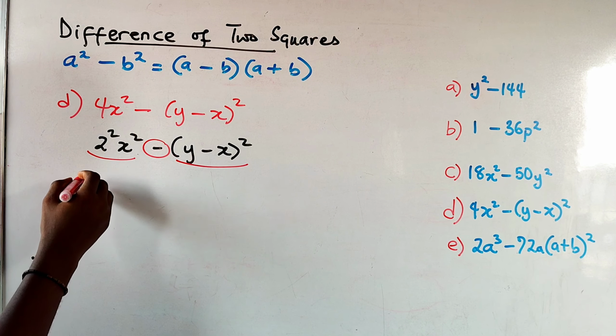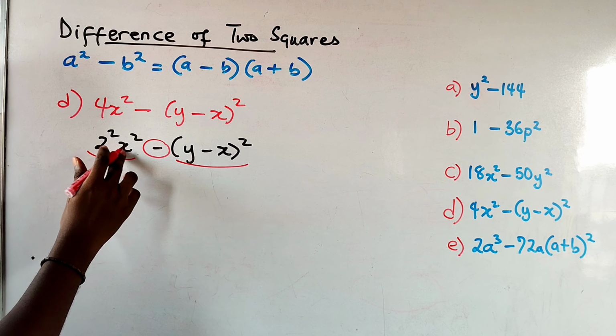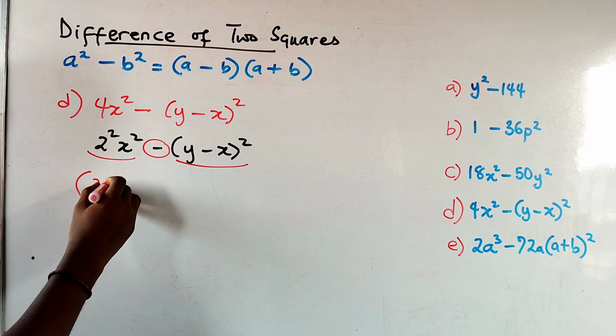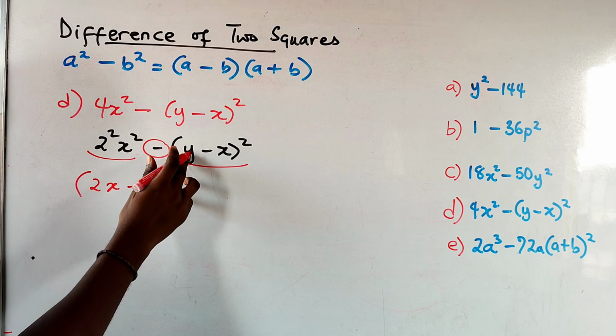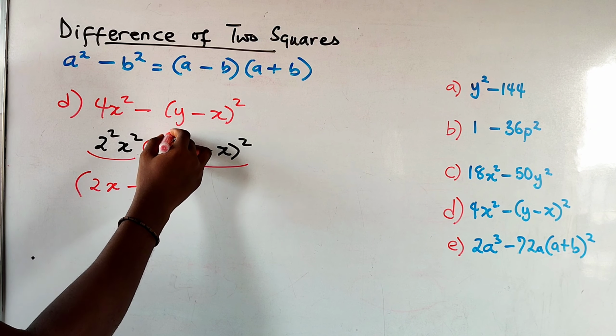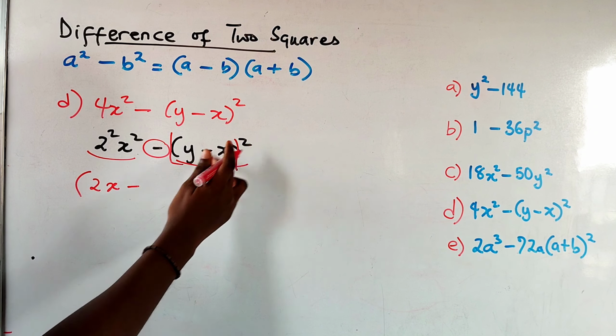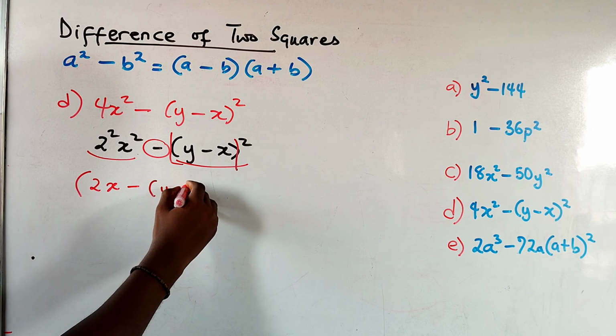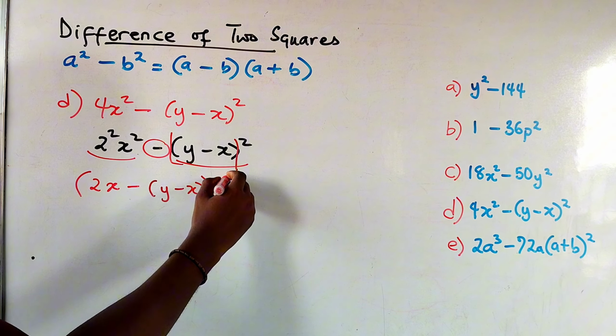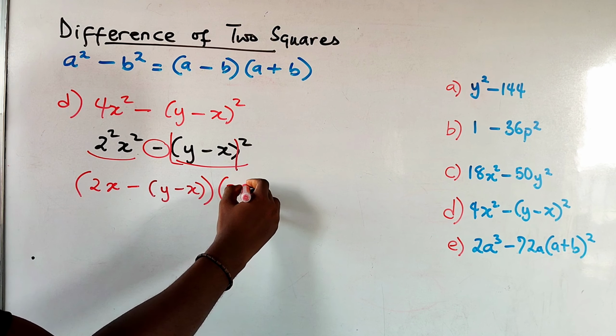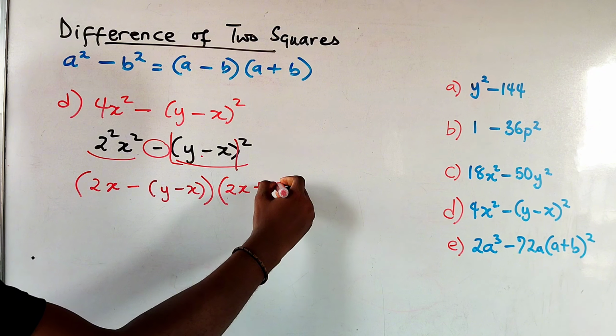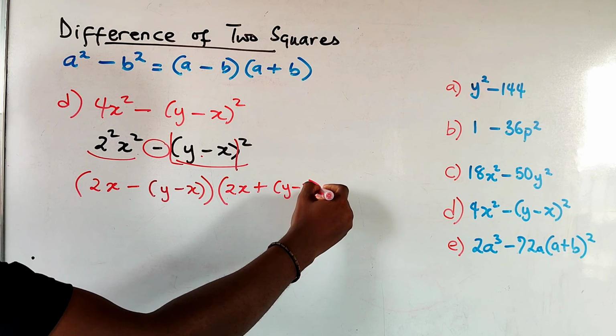So I'm going to take 2x minus this whole thing, y minus x, which is squared. So I'm going to put in the bracket y minus x. Then in the second place, I'm going to have 2x plus this whole thing, y minus x.